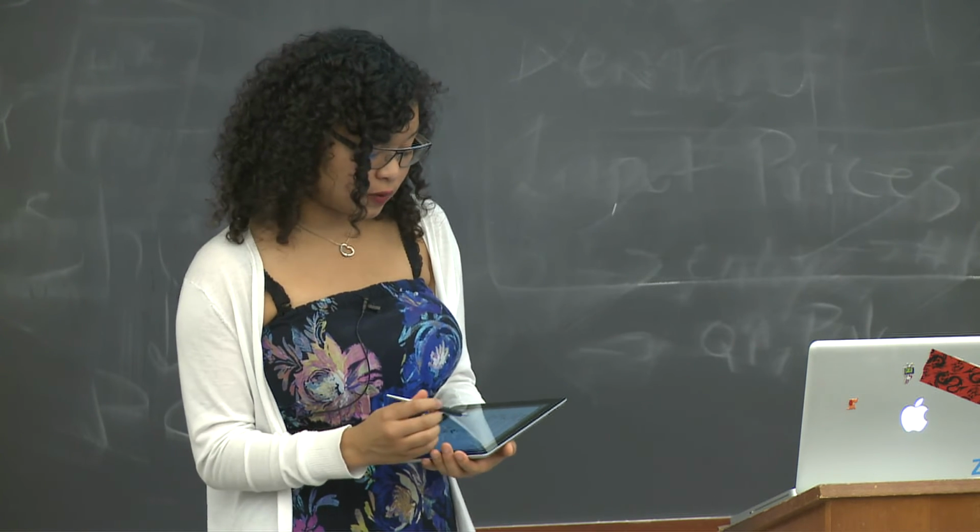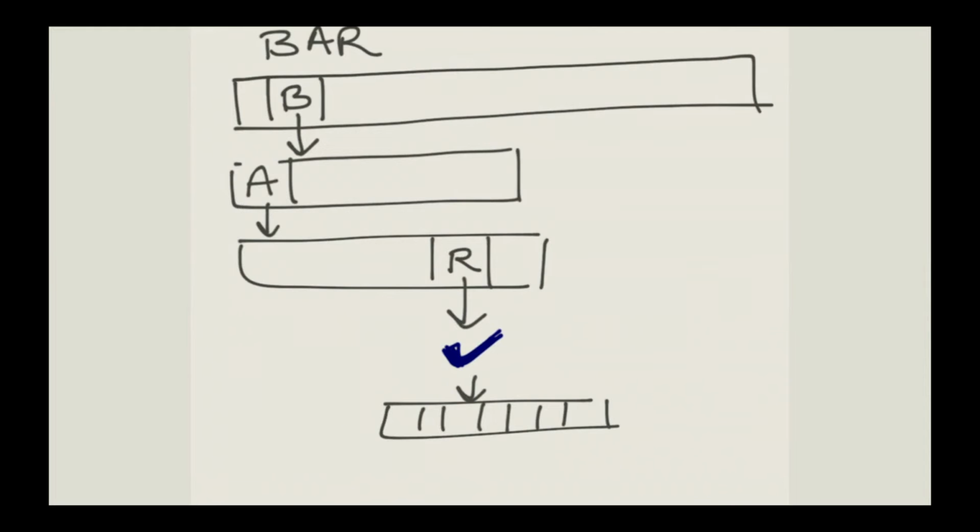Okay, so now we have bar inside of our dictionary. Now say we have the word baz. So we start with B, and we already have B as one of the letters in our dictionary. That's followed with A. We have A already, but then instead we have Z following.